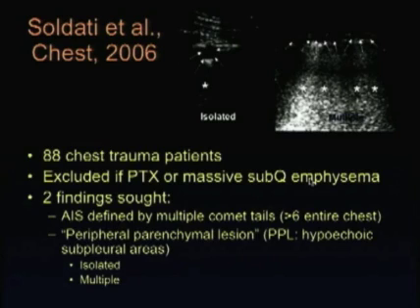Another evaluation of the use of ultrasound for identification of consolidations: Soldati looked at patients who sustained chest trauma and excluded patients in whom pneumothorax had been identified or who had massive subcutaneous emphysema. He looked for 2 different findings after trauma. First was alveolar interstitial syndrome, using definitions very similar to the ones we've already discussed. The second was peripheral parenchymal lesions, one of which can be seen here, which is essentially a subpleural consolidation, probably caused by contusion.